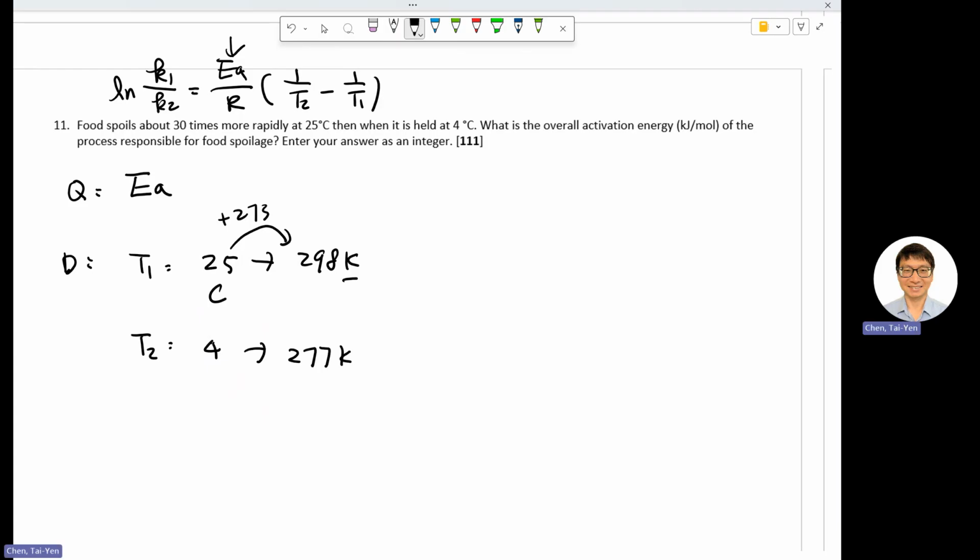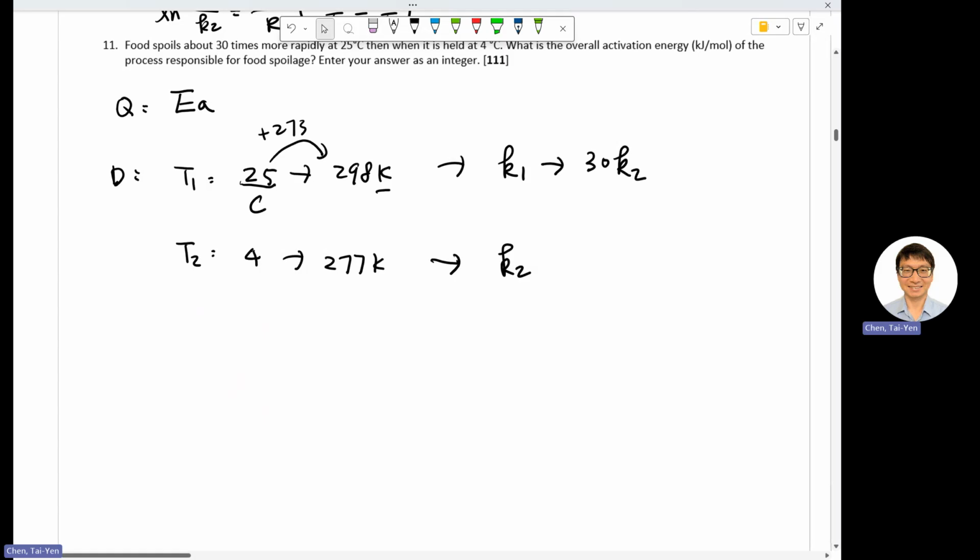Every time you have a T1, you want to have a K1, and T2 goes with K2. Based on the description, at 25 degrees C the rate is 30 times faster than at 4 degrees C. Therefore, your K1 is 30 times your K2. Okay? So with all these things, then you can calculate.